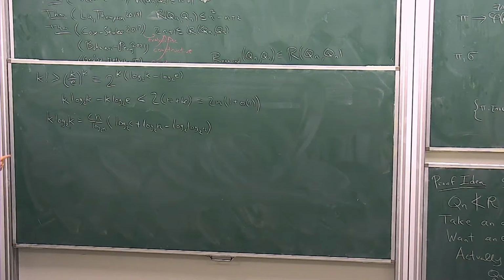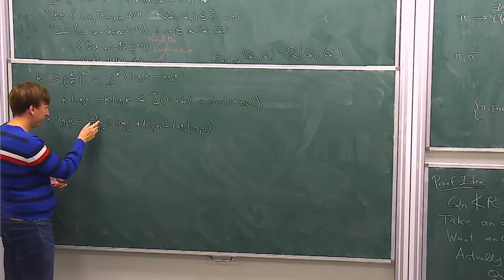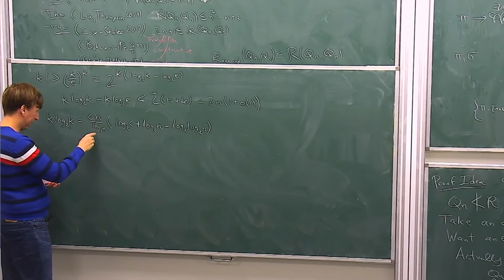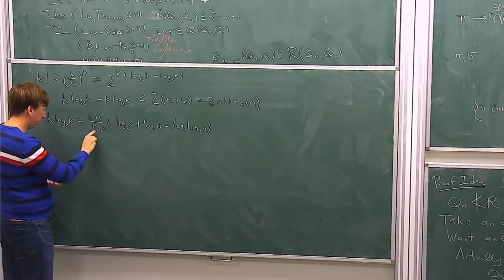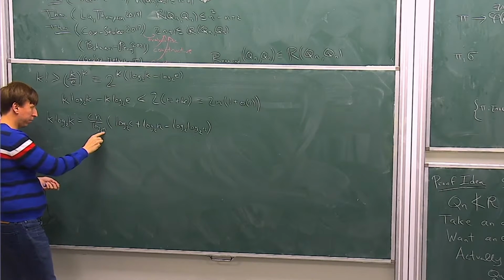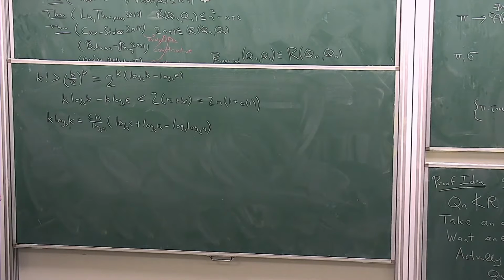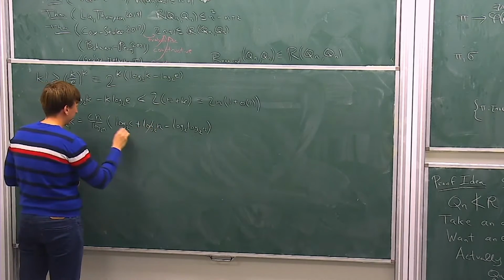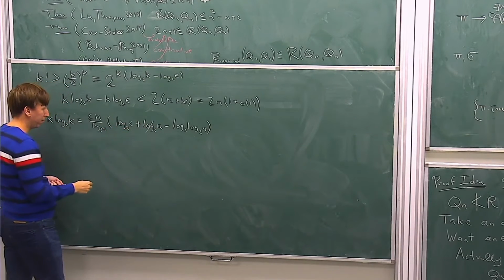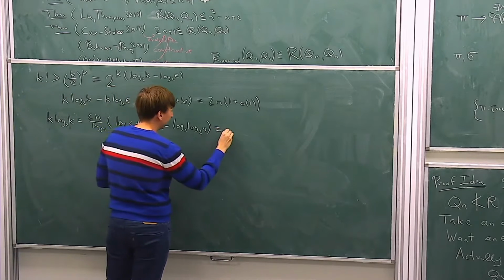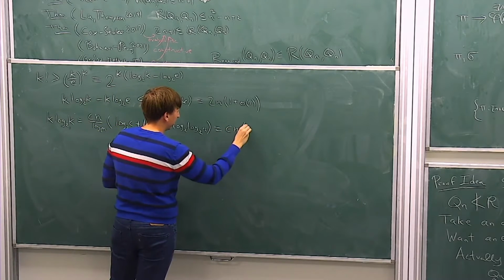So we have this equation. If we multiply this through, the log n's cancel, and this is just cn times 1 plus little o of 1.